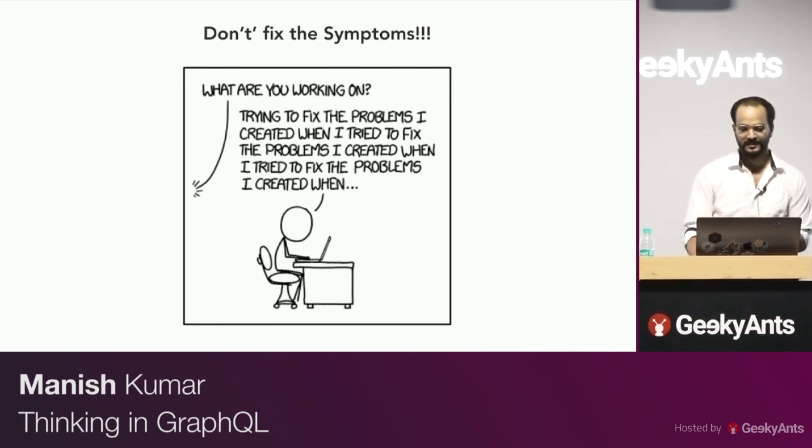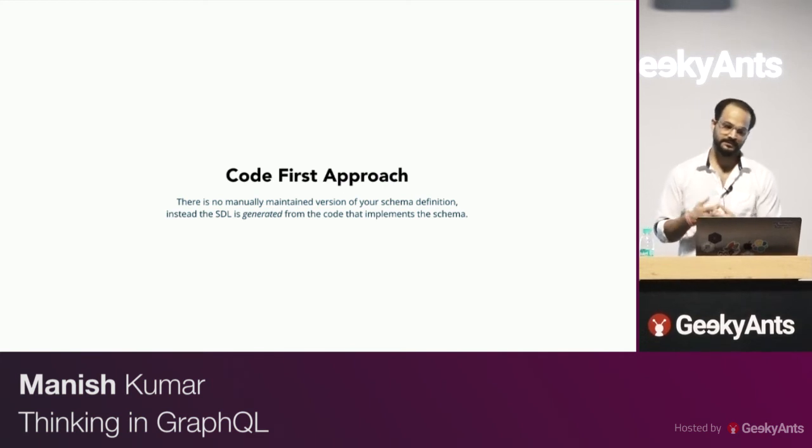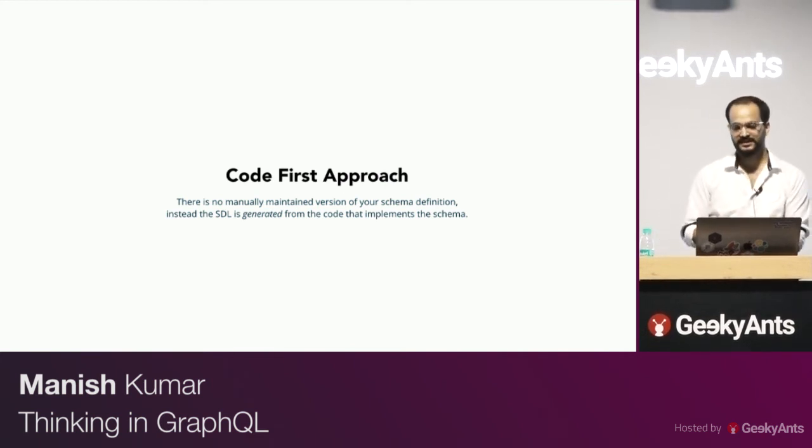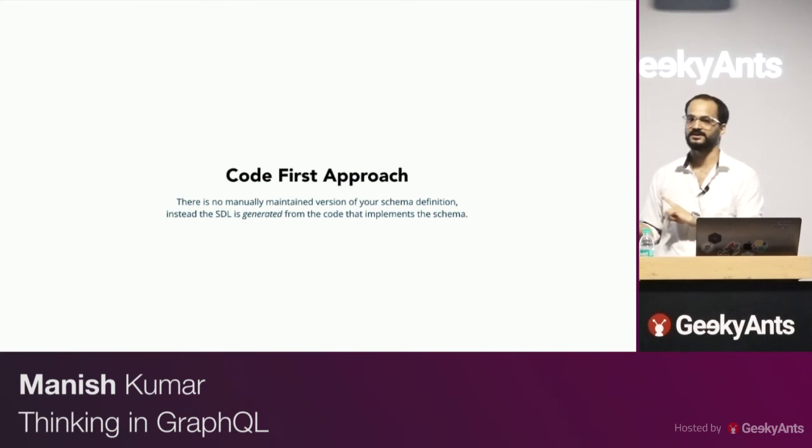There's another approach that people are discussing recently. This is becoming quite popular, and this is also an approach that has been taken by Ruby. Ruby's static analysis was always there. They have never moved to a schema definition language.